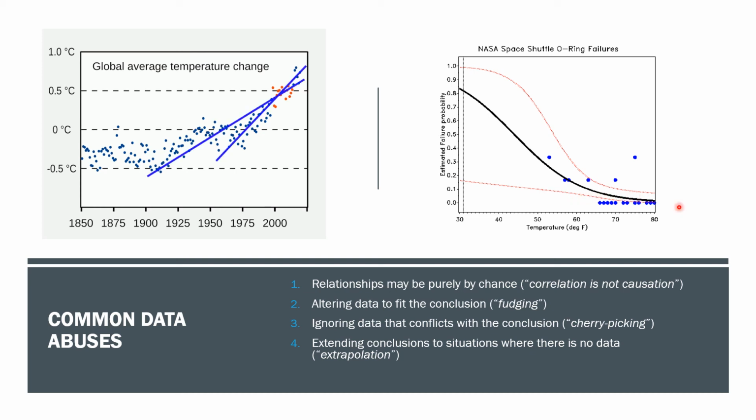And you just maybe average these and draw a straight line over here and say, well, there is a probability that they can fail, but it's always a probability that they can fail. So go ahead with the launch. And that was exactly what the administration did. And that had very tragic results.